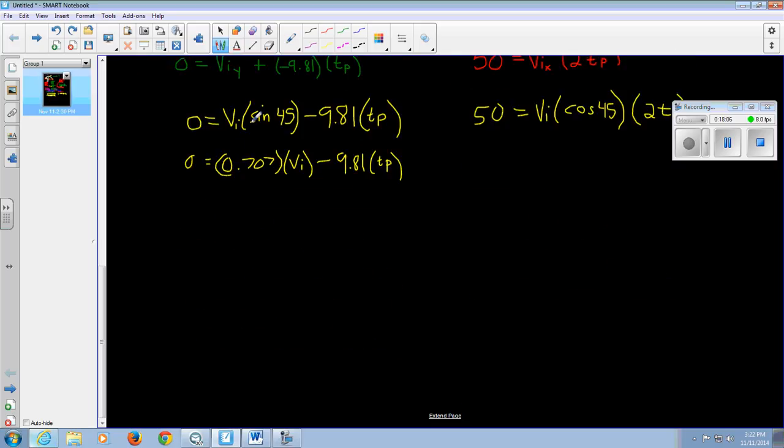So let's extend the page a little bit, and we can add 9.81 TP to both sides. And then we can say this is 9.81 times TP on one side of the equation equals 0.707 times VI on this side of the equation. And we can divide both sides by 9.81.